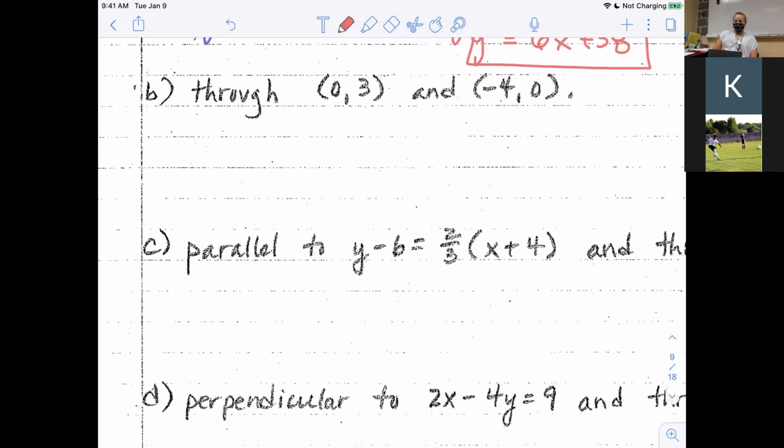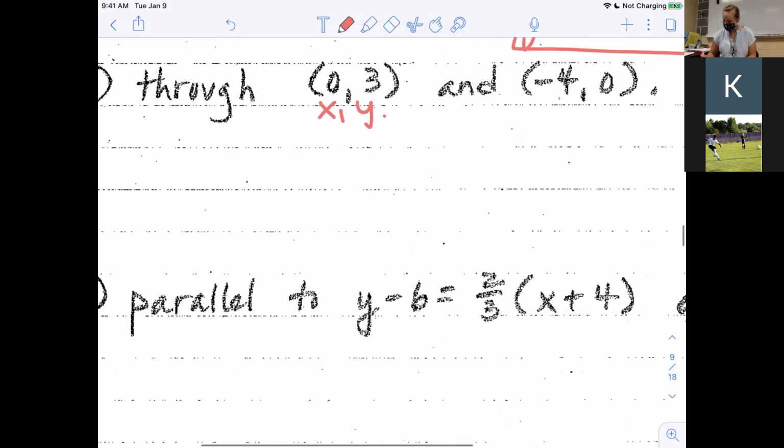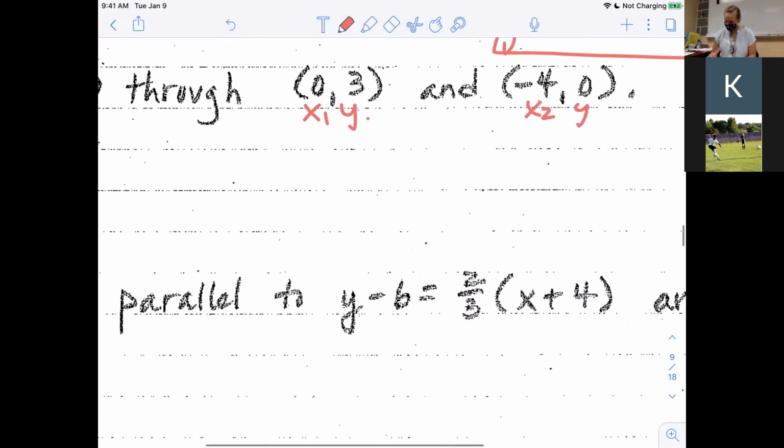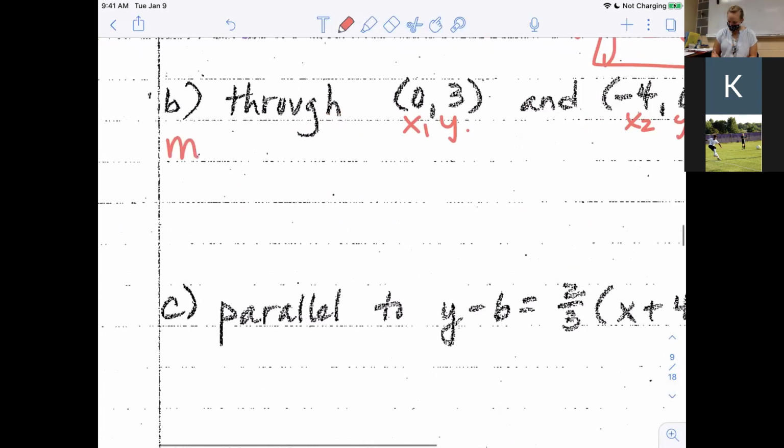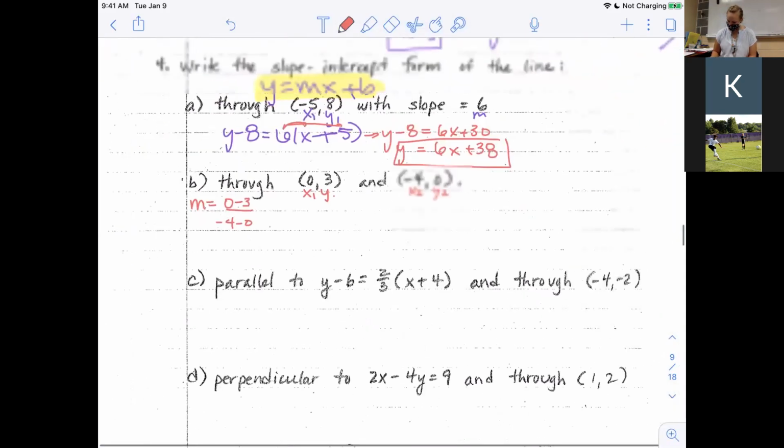Next one, now it says through these points, 0, 3, and negative 4, 0. So we got to figure out what slope is first. Slope, x1, y1, x2, y2, m equals 0 minus 3 over negative 4 minus 0.